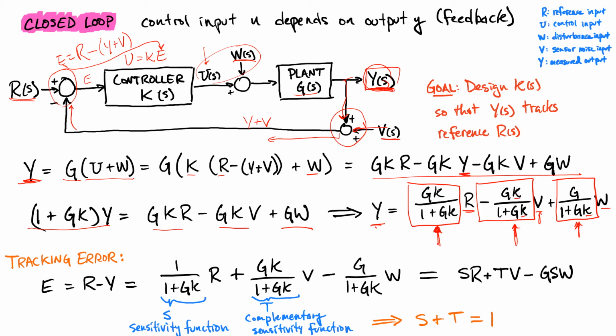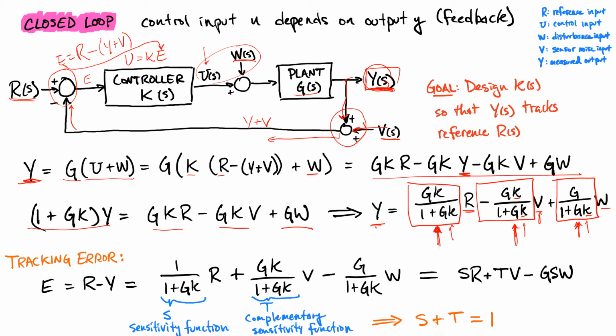Before, we couldn't really do anything about the sensor noise and the disturbance, but by implementing this feedback, we can not only change the transfer function with the reference, we can also change these two transfer functions and hopefully achieve better tracking and better disturbance rejection.